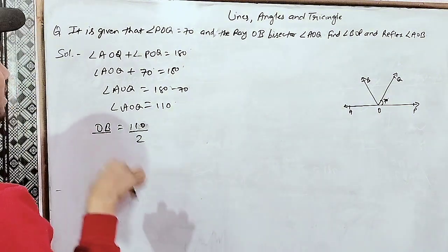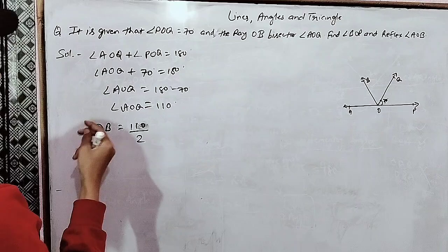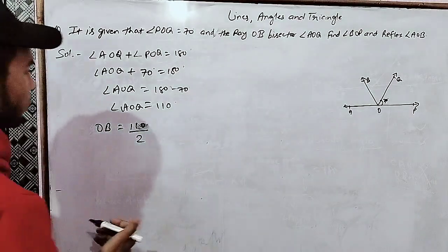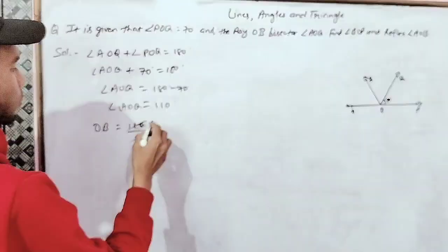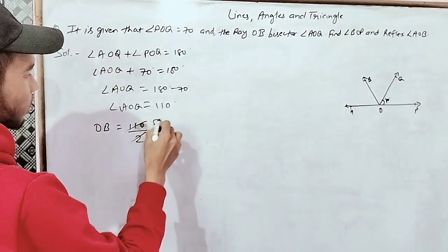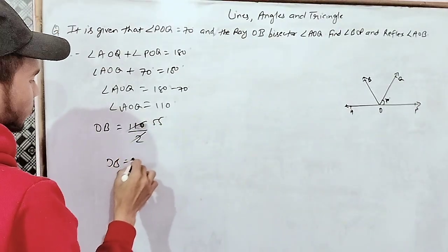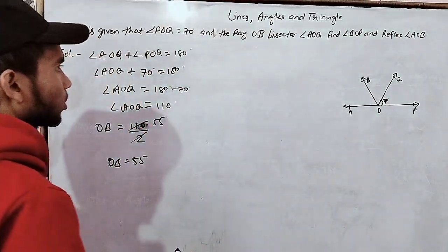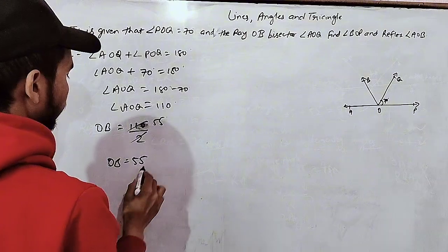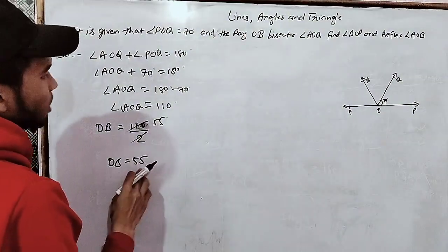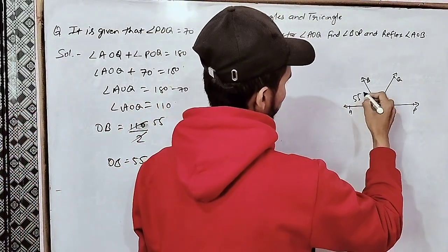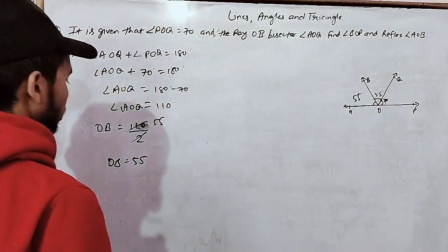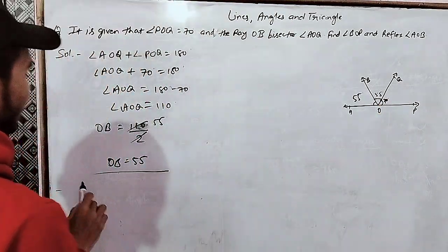The meaning of a bisect is a division. By division we will get equal values of the two angles. So how much? 55. OB is 55. So it is telling us 55 is the value of this and 55 is the value of this. We found it directly.